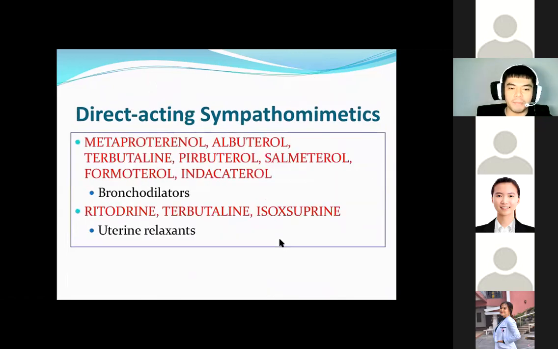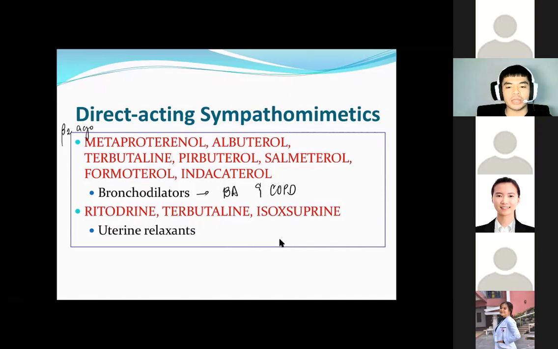Next, these are beta-2 agonists. Yung mga nakalistang examples dito, everyone, ay mga beta-2 agonists. First, we have metaproterenol, albuterol, terbutaline, and other related drugs. These are bronchodilators. And by being bronchodilators, this can be used for bronchial asthma and also COPD, because they can reduce the bronchial tone.